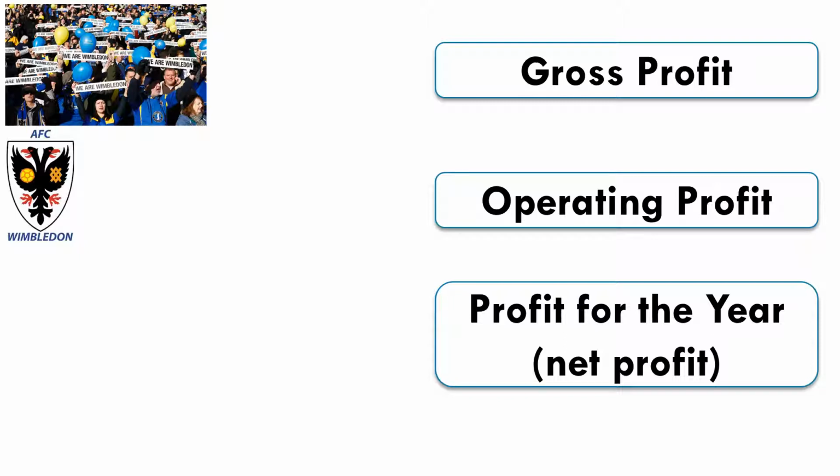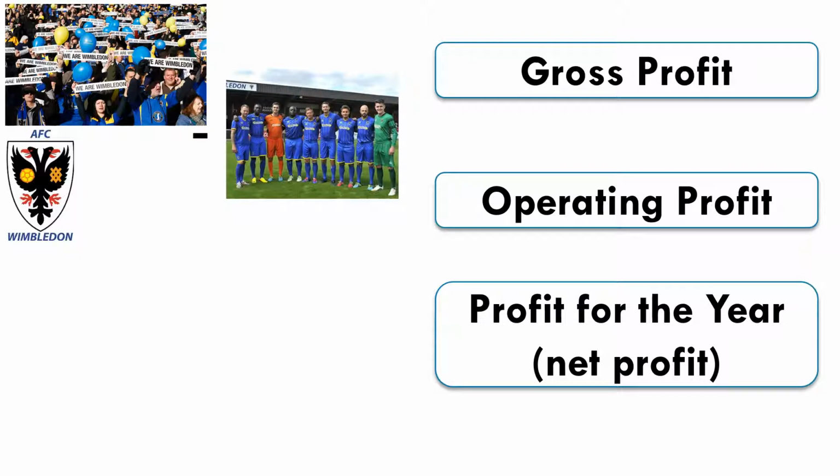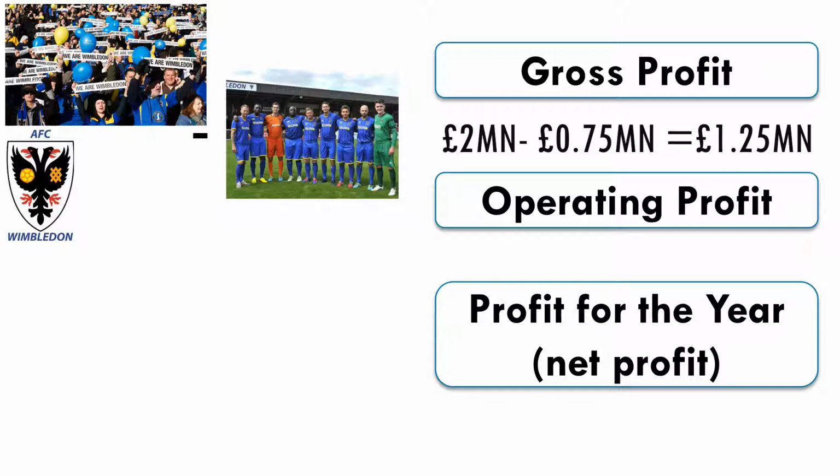And in this scenario, for a football club, the direct costs would involve the players' wages. So let's imagine that the revenue for the football club is £2 million, and the direct costs, the costs involved in providing the core activity of the business, are £750,000. That will give us a gross profit of 1.25 million. So the profit the business makes from running the core activity.